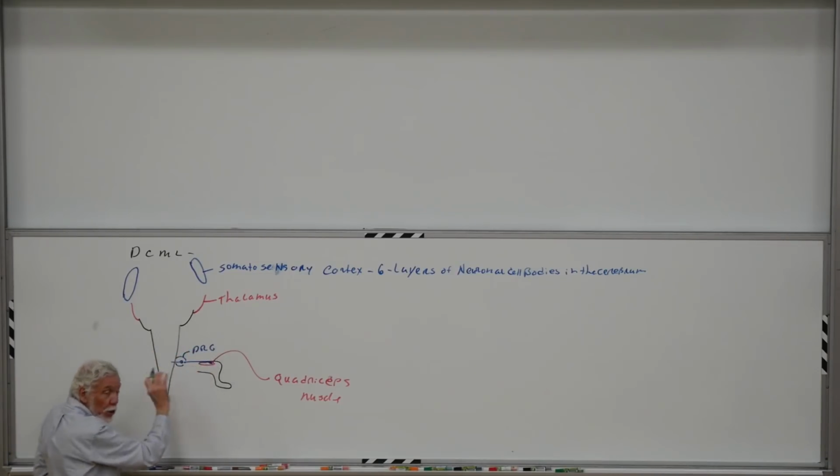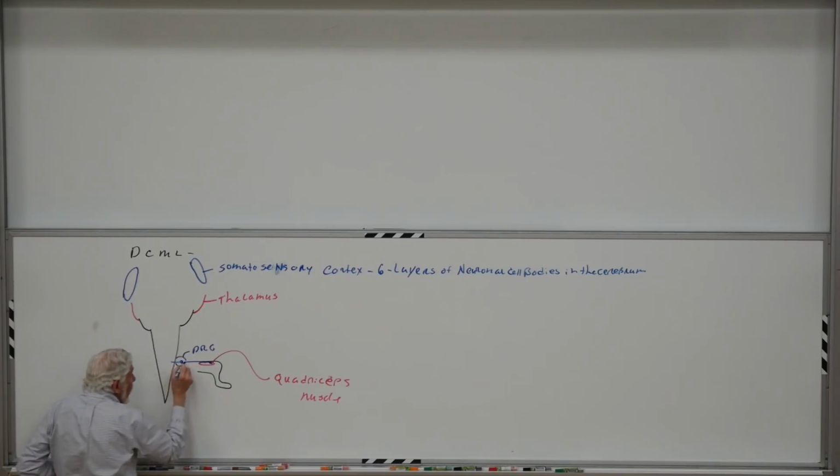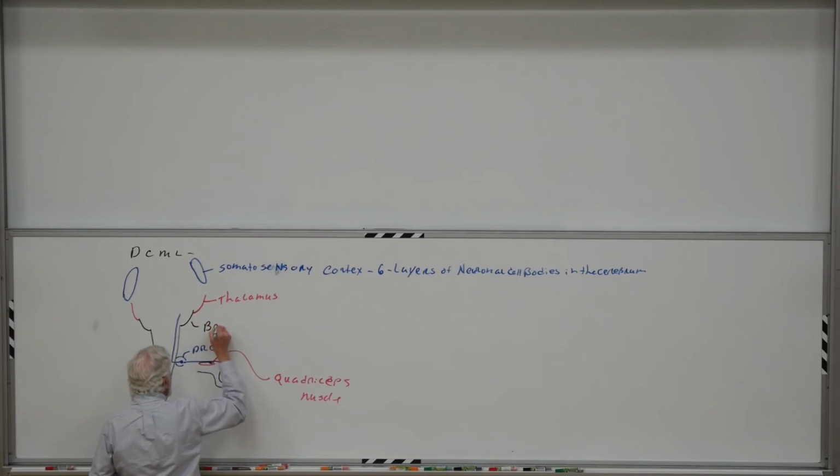Now, in the initial discussion yesterday, we emphasized the importance of the direct synapse between this sensory neuron and the lower motor neuron. And then we further emphasized the idea that a process of this neuron entered the dorsal column system and went up the cord all the way into the region here known as the brainstem.